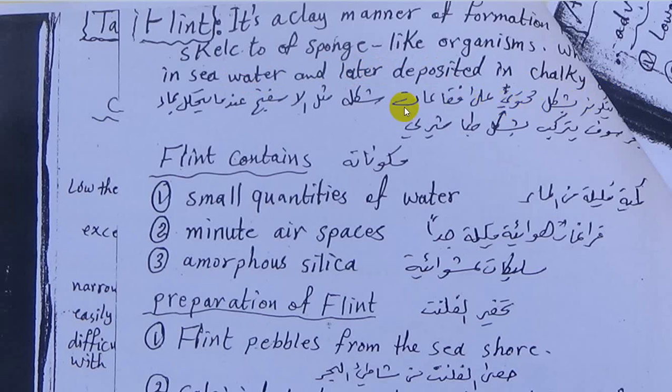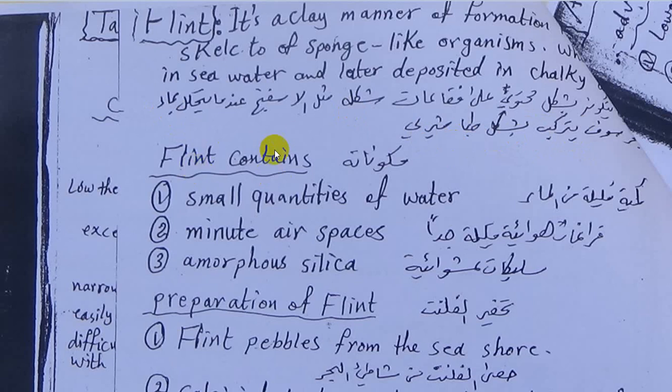It will be formed with bubble content, with sponge-like organism shapes. When the flint is dissolved with water, it will leave or deposit a chalk-like formation. سوف يتركب بشكل طباشيري. It will result in a very chalk-like composition.